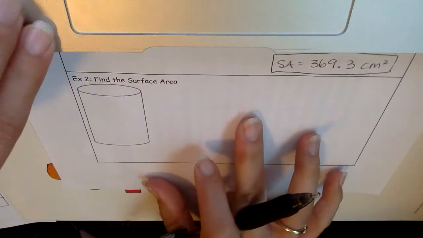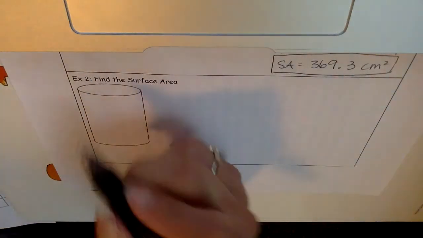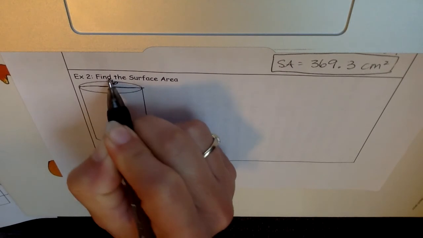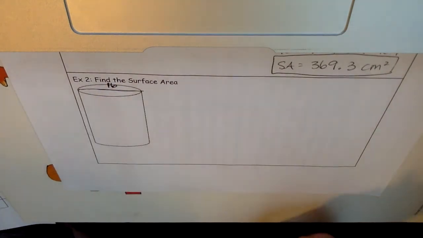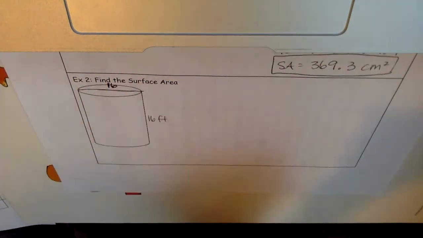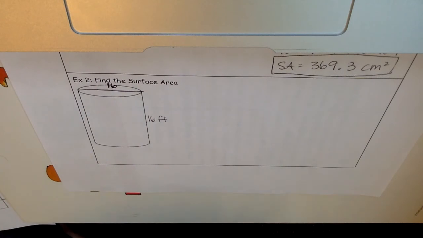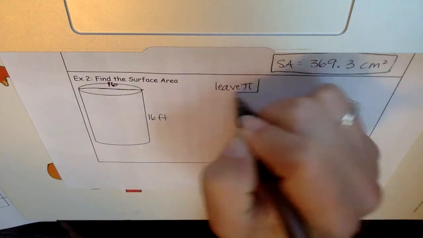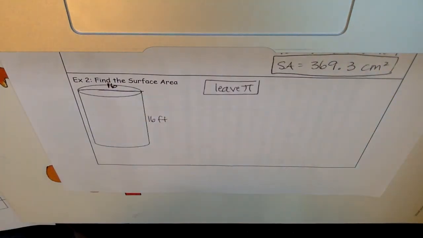Now this next example of this cylinder has a diameter of 16. Diameter means it goes all the way across, and a height of 16. That doesn't really look like it's the same, but it's supposed to be. So in this one, we're going to leave pi in our problem. I'm just going to show you what this looks like because you could possibly see it in your textbook or on problems.